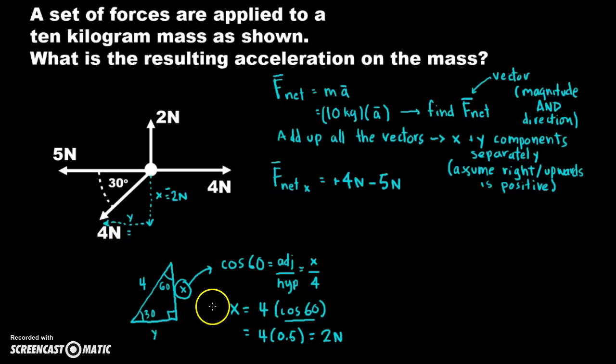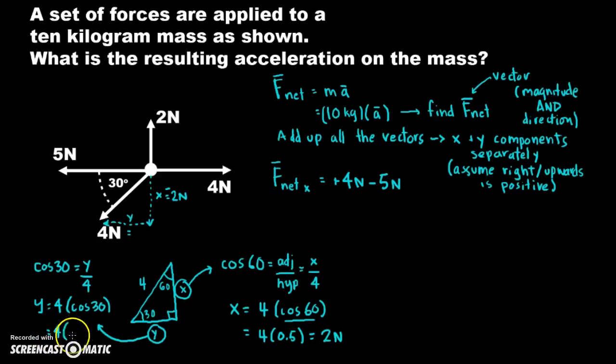But what is it? How do I find the y? Let's do it over here. I could do a cosine again from here. Cosine 30 is equal to y over 4, the adjacent over hypotenuse. So therefore, y equals 4 times cosine 30 degrees. So what's cosine 30 degrees? Let's plug it in. We get something a little more fancy.